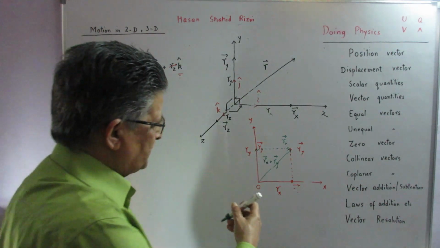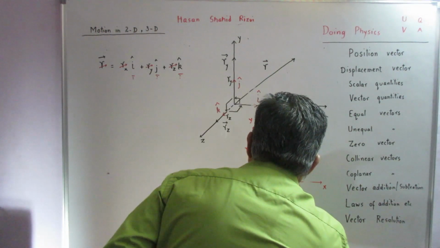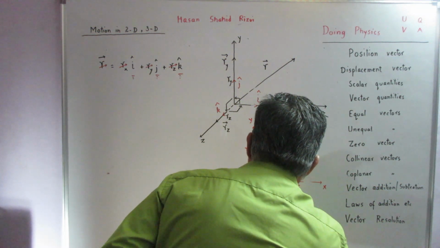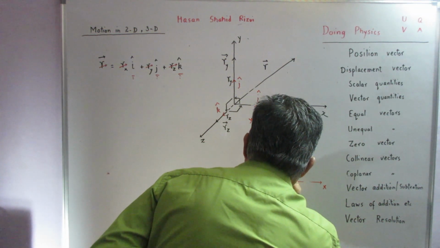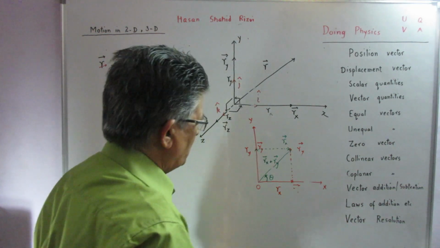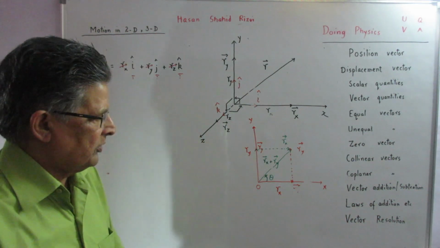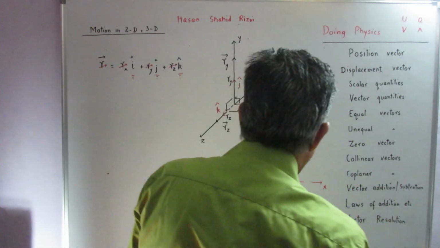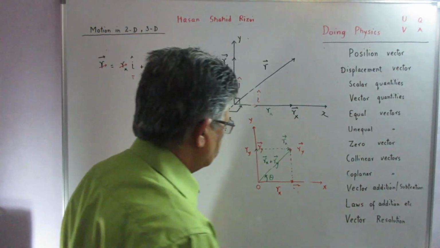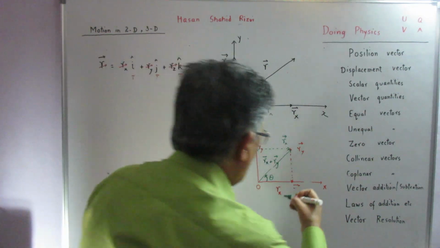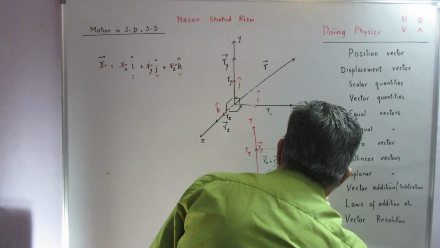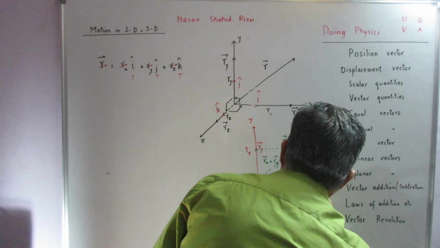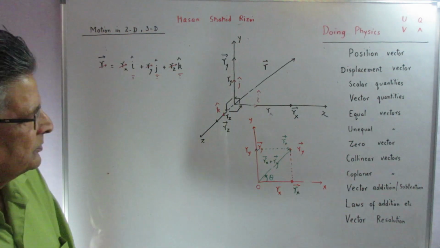And of course for this I can have this angle theta, which is a positive angle as it appears over here. It could be negative if the line had been drawn like this. So this is Ry, Rx.